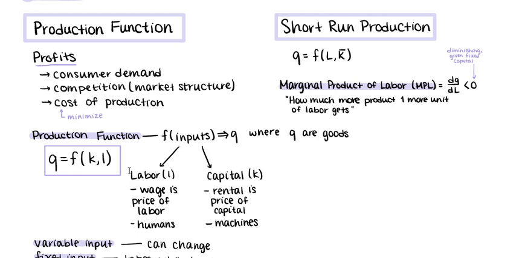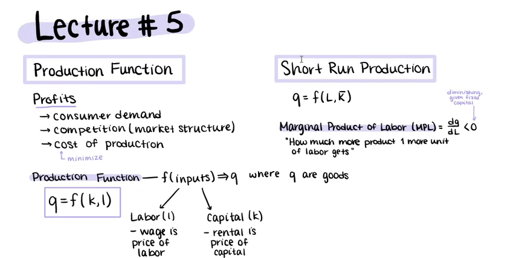The rental is the price of capital, like machines, land, whatever in your firm is not labor. Here we denote it as capital. So we have a short run production, that is the quantity equals a function of labor and average capital. We just use the symbol K bar to symbolize it.